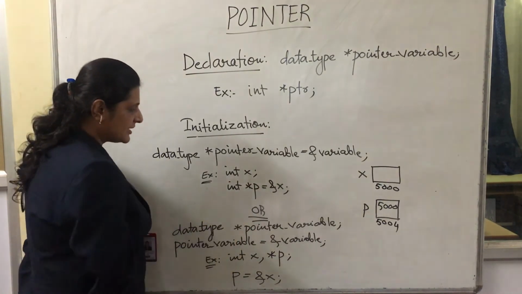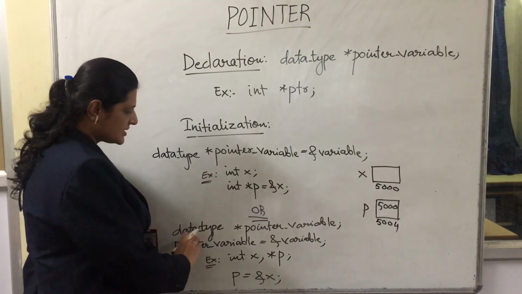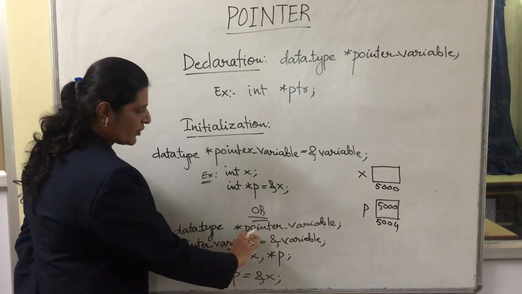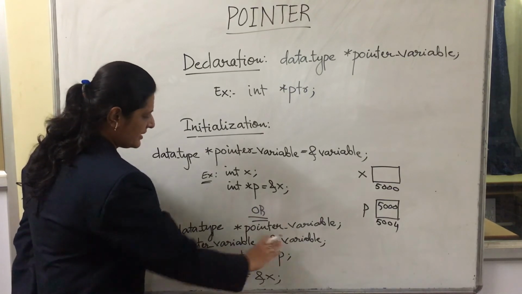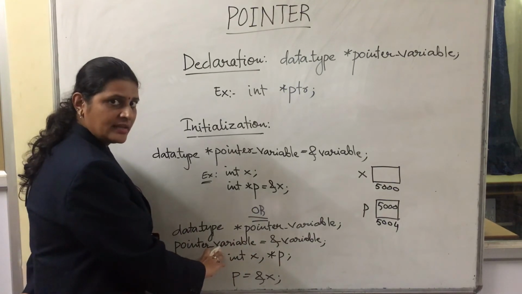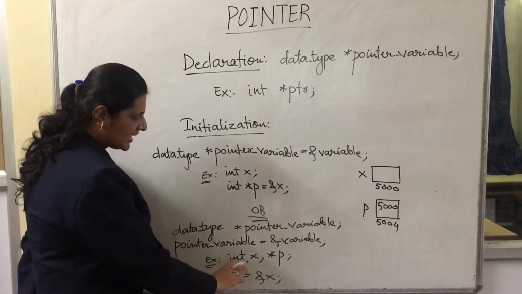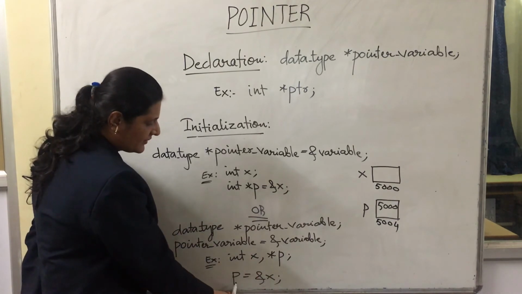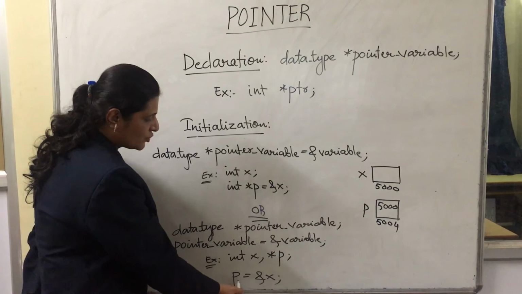Another method for initialization is, once you declare the pointer variable with data type followed by pointer variable, you can assign some address to the pointer variable separately, that is, in a different line. In the example, we have declared int x and pointer variable p, and we have initialized the address of x to p separately.